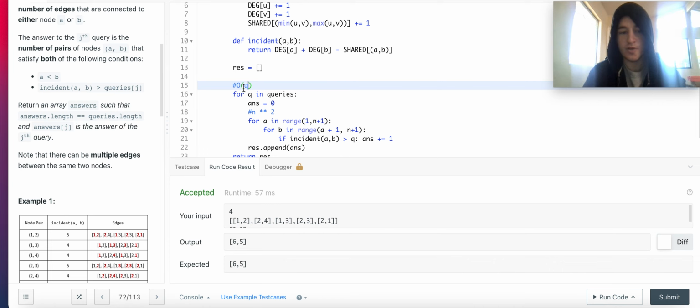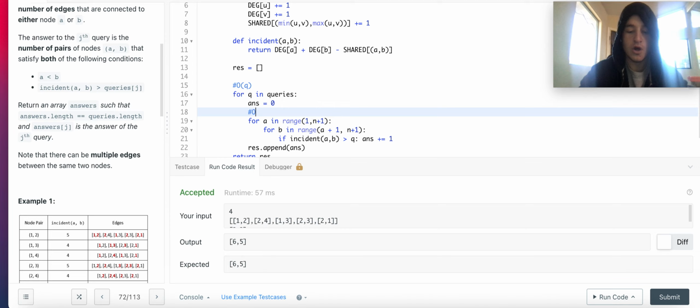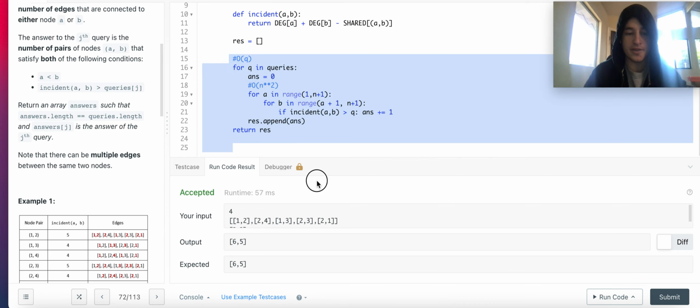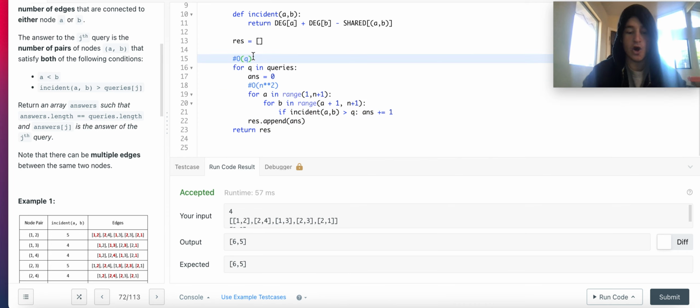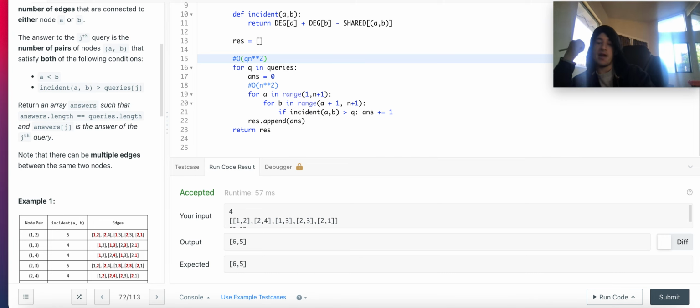We have to do q queries, and for each query we have to do O of n squared pairs. So that means the total runtime of this whole thing is O of q n squared. So that's just too slow, right? It's too slow to do all of these operations. So this isn't going to work.